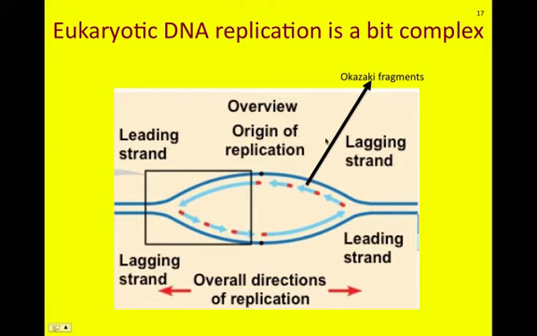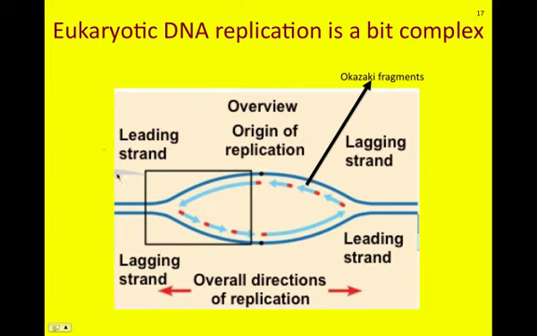These fragments are called Okazaki fragments, named after the PhD professor who discovered them, Dr. Okazaki. Once they're made, they then have to be combined, which I'll talk about in the next video, to create one strand. But the main point here is that eukaryotic DNA replication is complex.